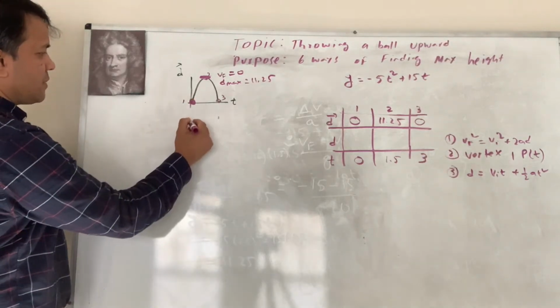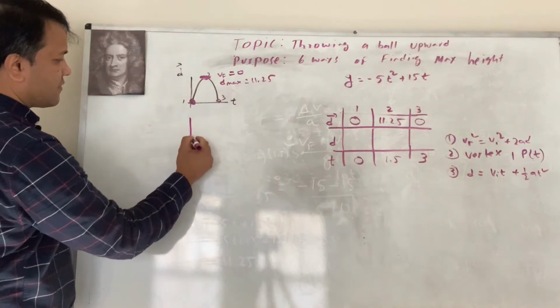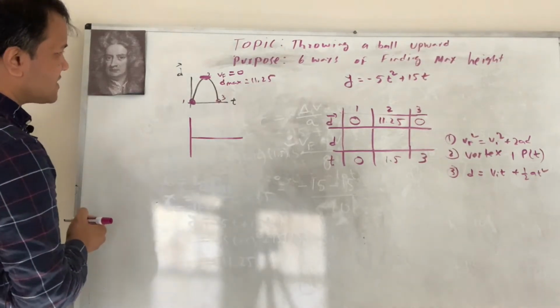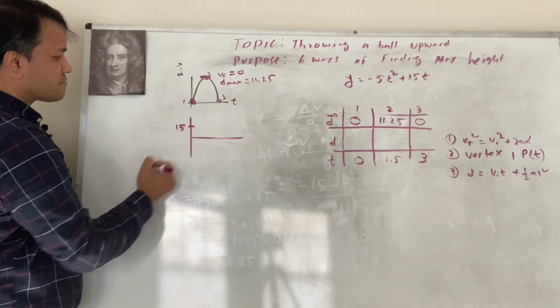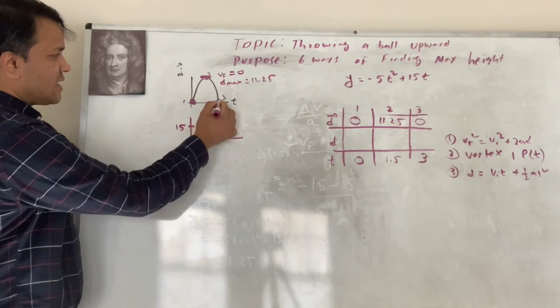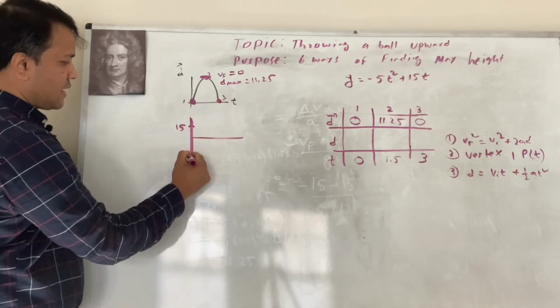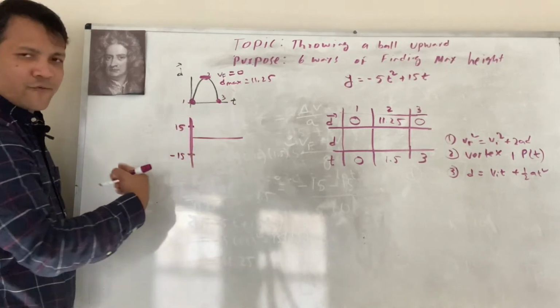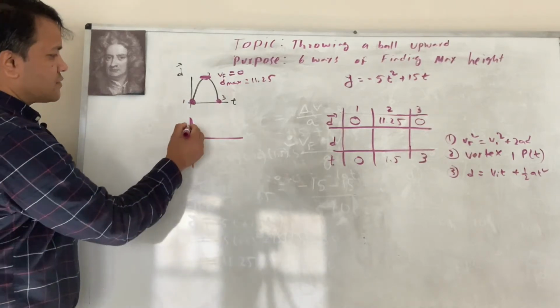Now let's see whether we can find a fourth way. We're going to convert this one to a VT graph, of course. Our initial velocity is 15, so this is 15. Our final velocity is negative 15, because it lands at exactly the same height it was thrown from. We need 3 points.